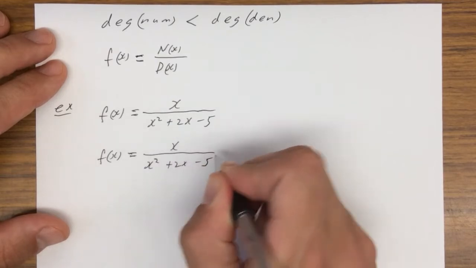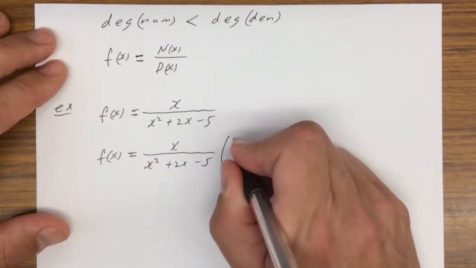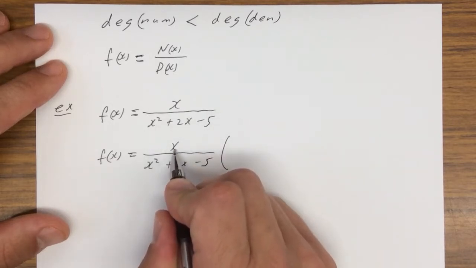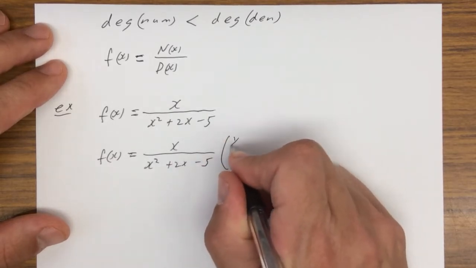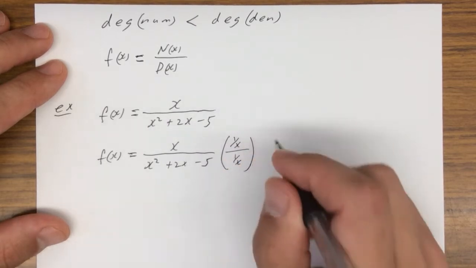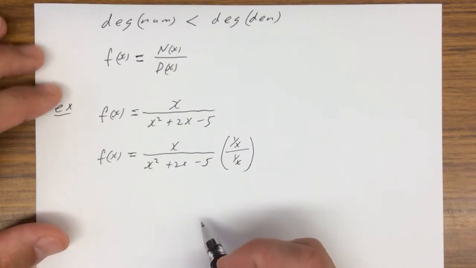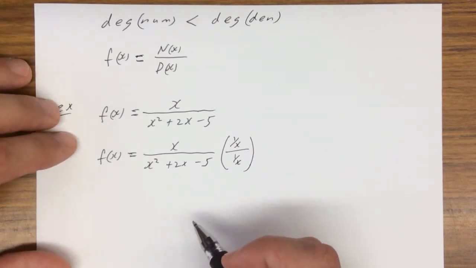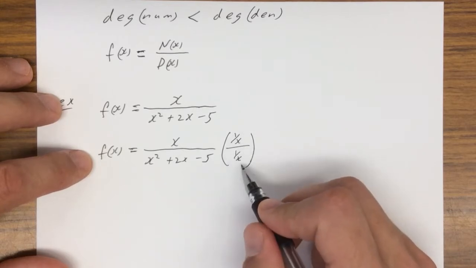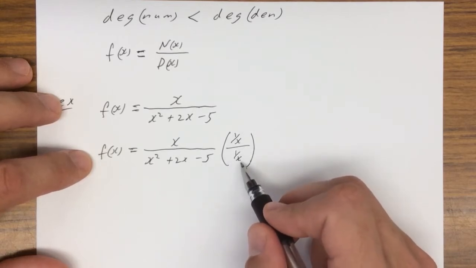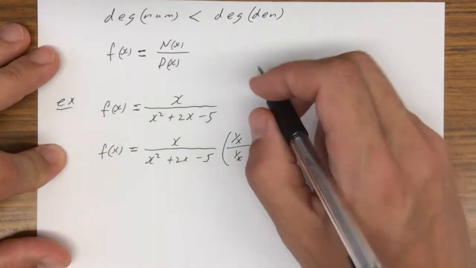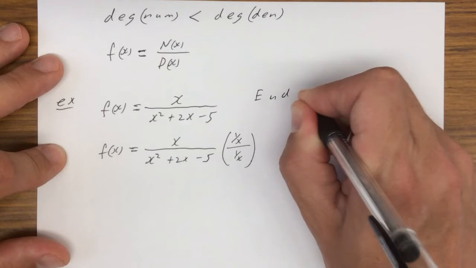It's doing nothing to the function, and what we're going to multiply it by is 1 over the degree of the one on the top, so 1 over x and 1 over x. Now this doesn't help for when x equals 0. It actually adds a restriction that x can't equal 0. But we're not analyzing when x equals 0 at the moment. We're looking at the end behaviors.